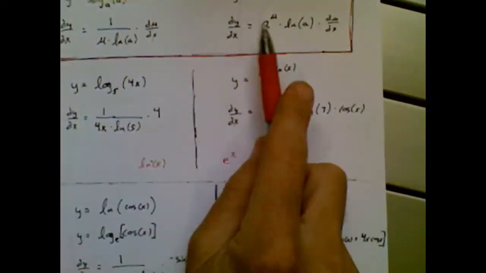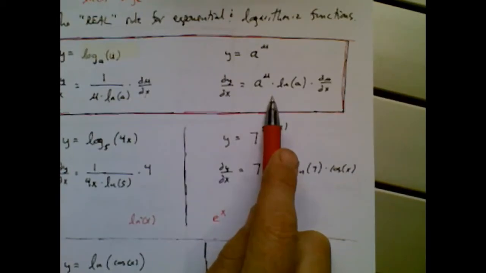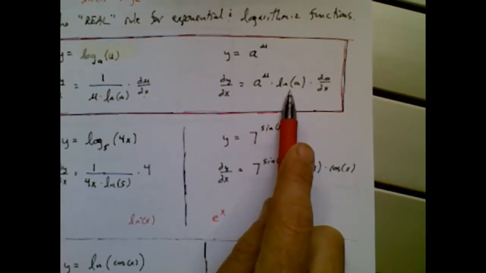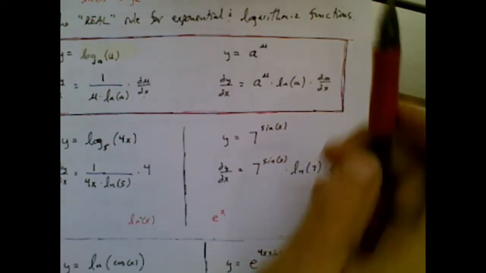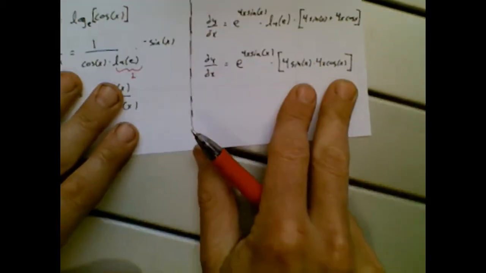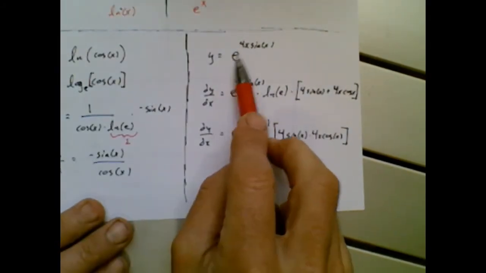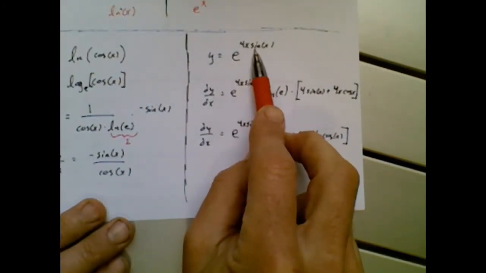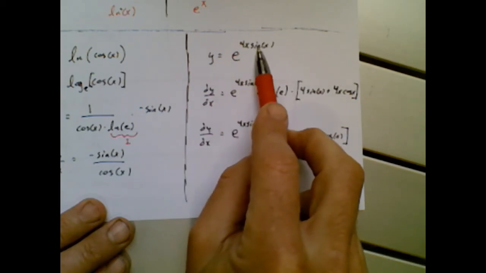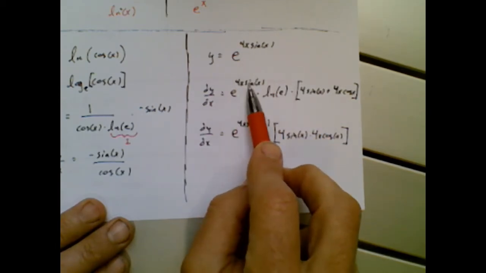Okay, let's look at this rule with the addition of the natural log. And this is the same problem we did early on in the video when we were learning e to the blah blah blah. We said the rule for e to the blah blah blah was write e to the blah blah blah and then do the ninja.